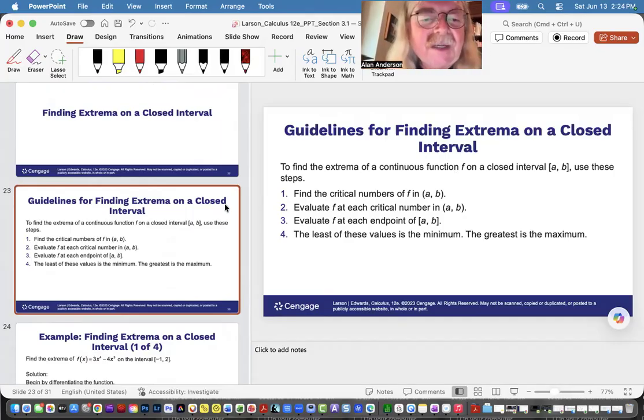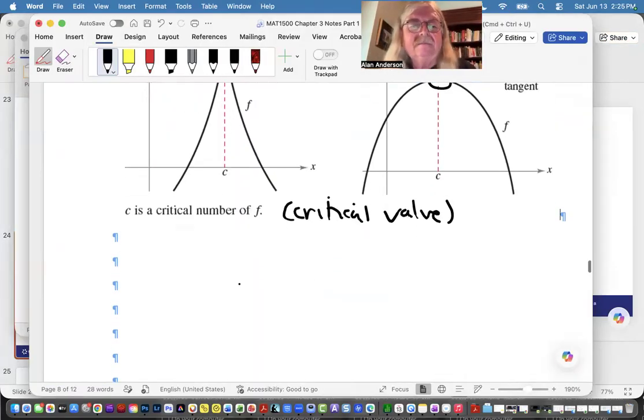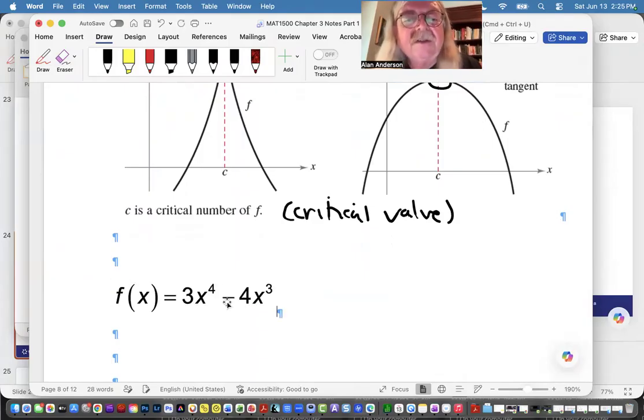All right, so let's do an example of this. A nice straightforward one. I like it. There's no cosines or anything in here. So here's our function. By the way, why don't we take a look at Symbol Lab because it'll give us a better sense of what we're looking for.